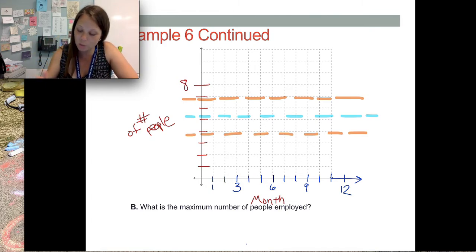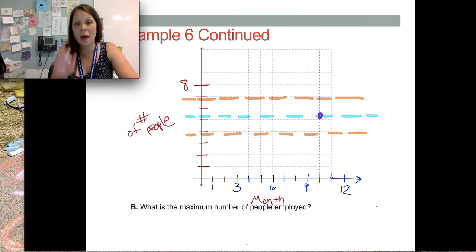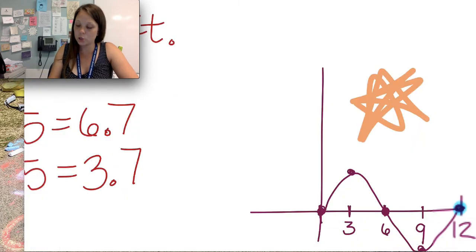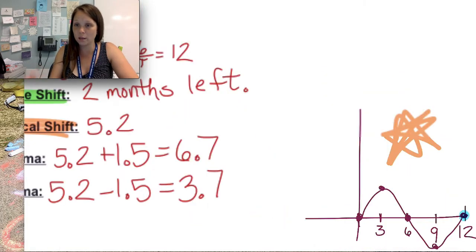So I know I'm going to have a point at 10 and then the 5.2. So that dot I have drawn in at 10, 5.2 is the transformation of this point right here, but moved back 2 months and up 5.2.